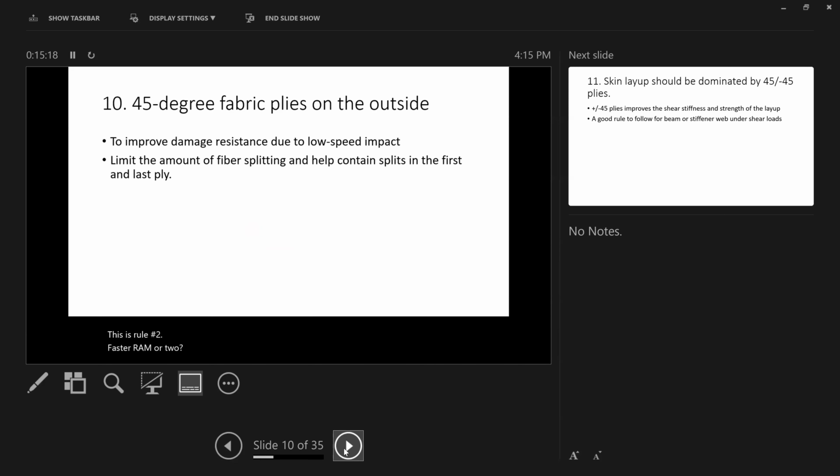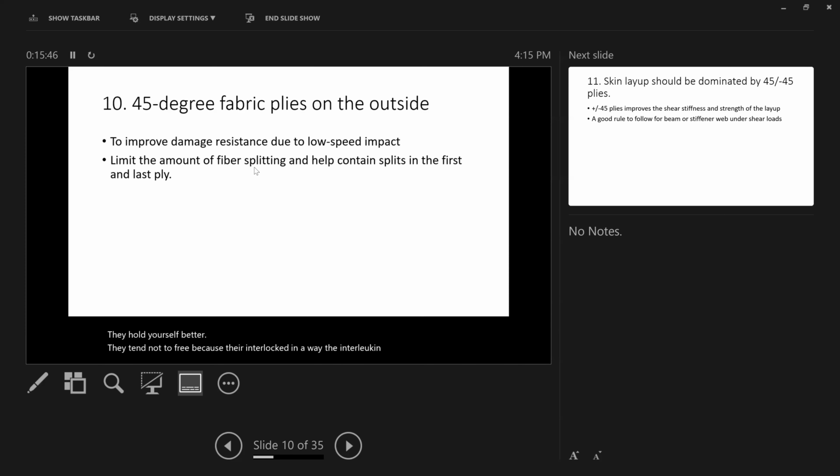45-degree fabric plies on the outside. Low speed impact is one of the major concerns for composites. If you use fabric, the woven material, it holds itself together better. It tends not to fray because it's interlocked.